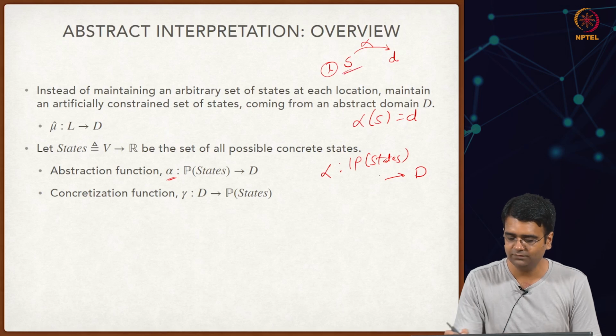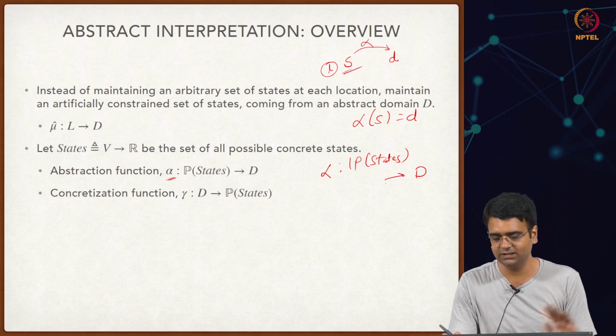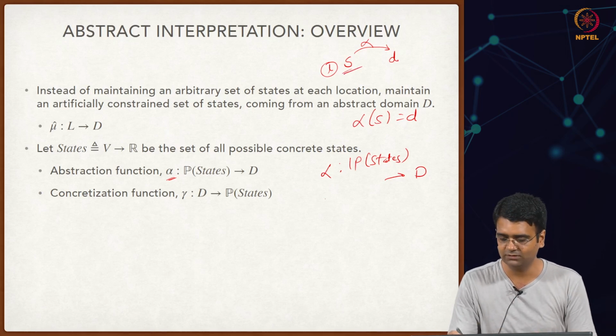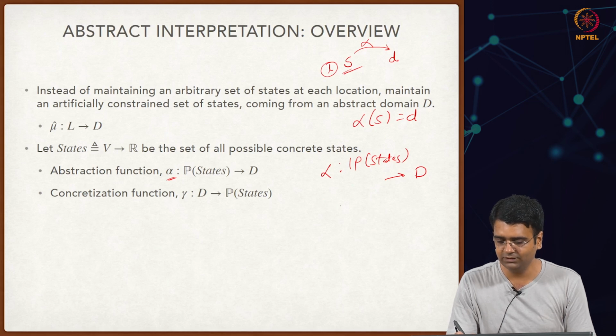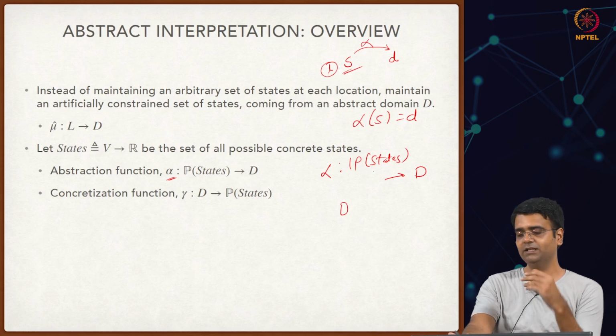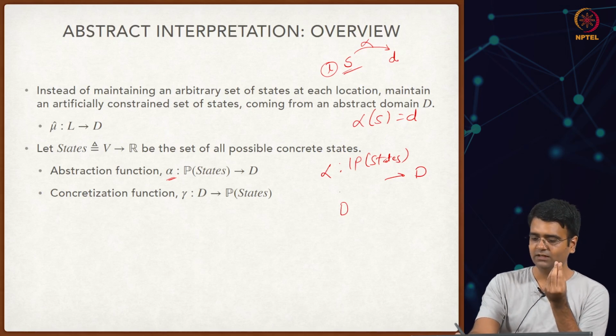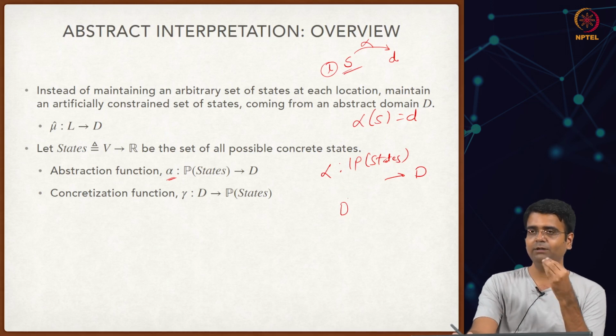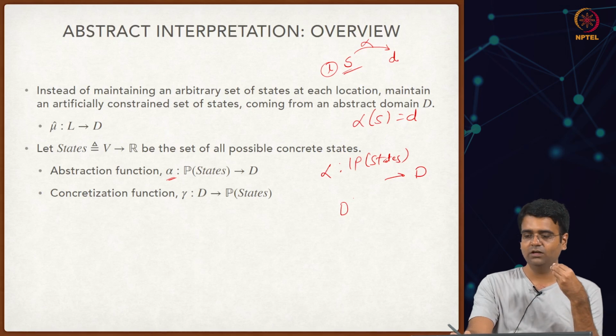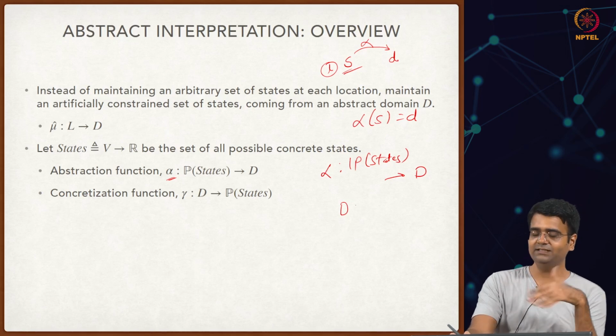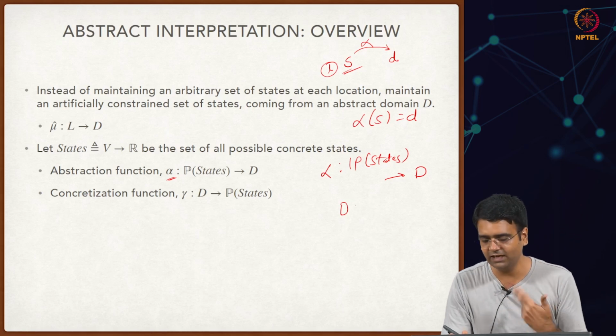Similarly, I have the function in the opposite direction, which is the concretization function. Given the abstract domain D, I want to associate every element in the abstract domain with the set of concrete states that this particular element is abstracting out.